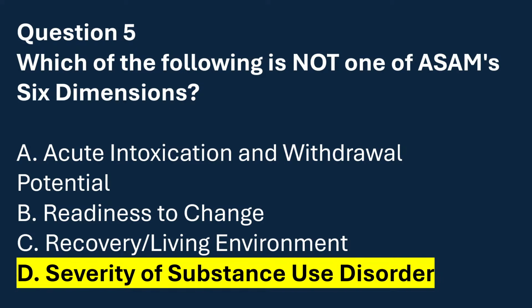B is incorrect because readiness to change is a dimension, and it is dimension 4 of the ASAM 6 dimensions, and it assesses the client's motivation and willingness to engage in treatment. And C is incorrect because recovery and living environment is dimension 6 and evaluates whether the client's home and social environment support or hinder recovery.